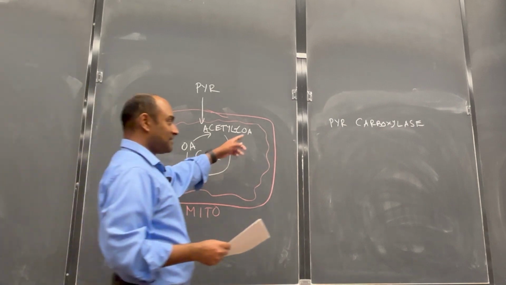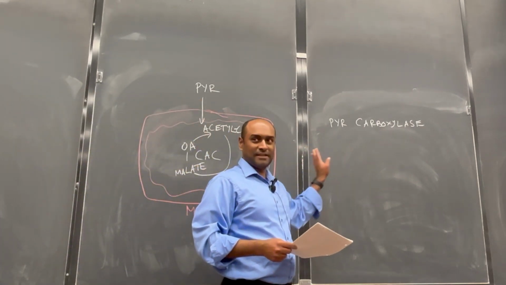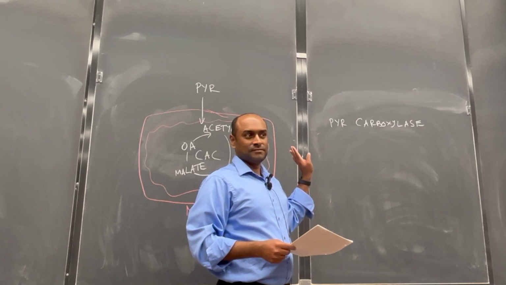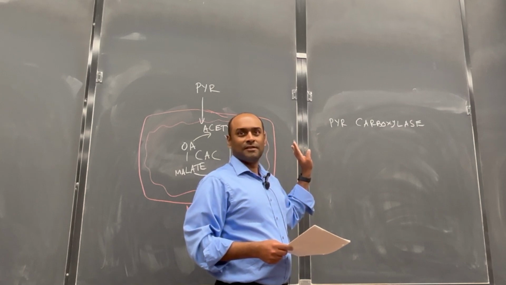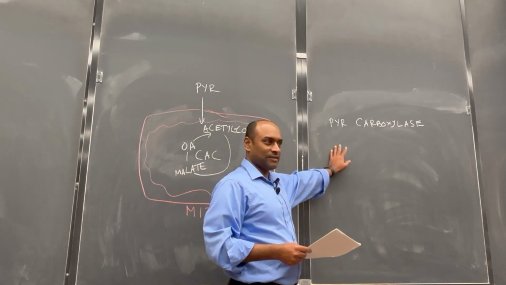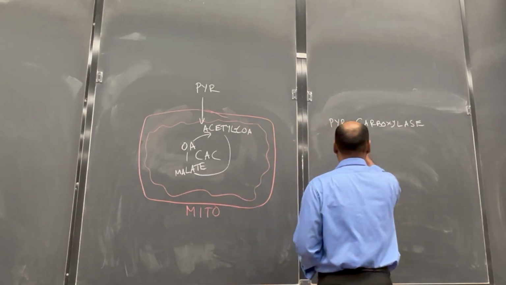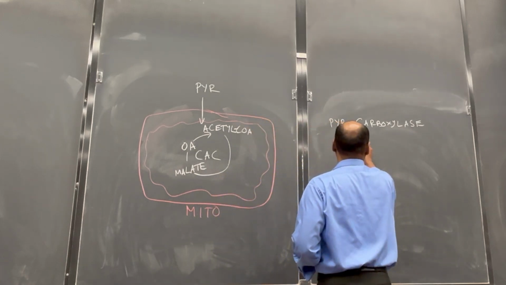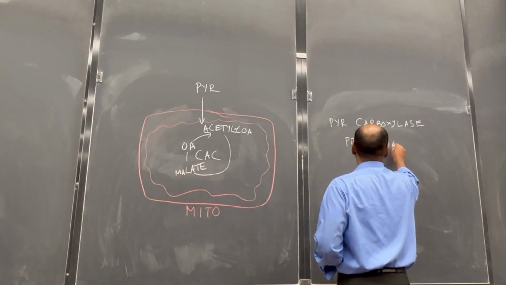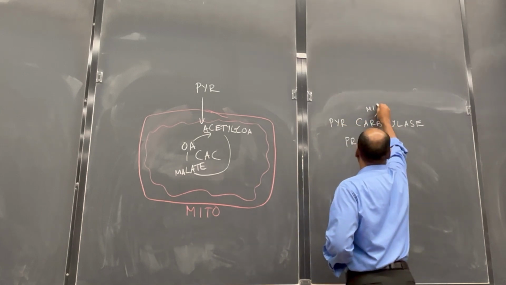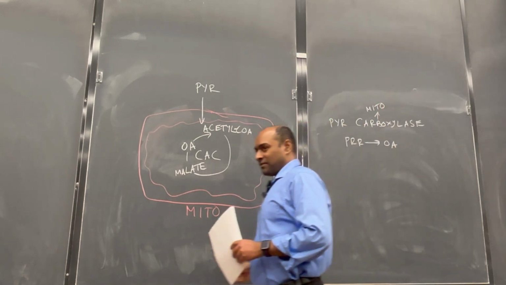Unfortunately, this enzyme is not present in the cytosol. It's only present in the mito matrix. So this step cannot happen in the cytosol. So pyruvate carboxylase, we use it to make OA, right? And this is only present in the mitochondria.